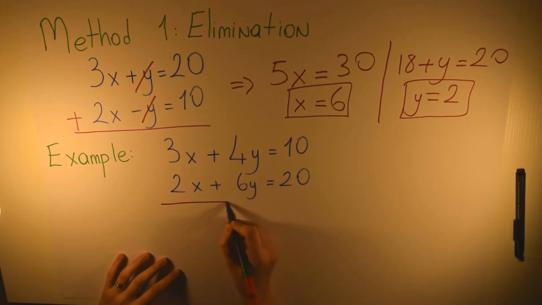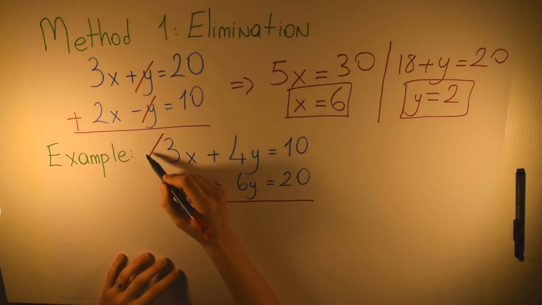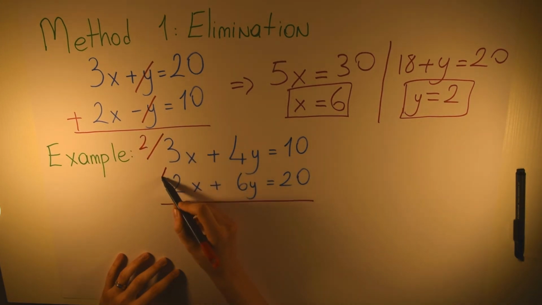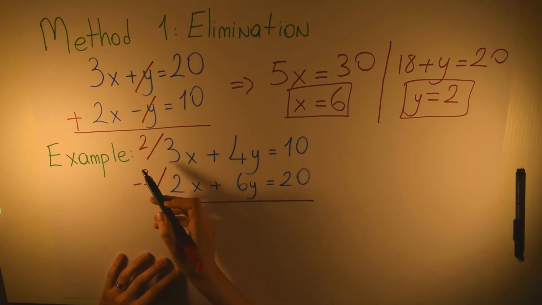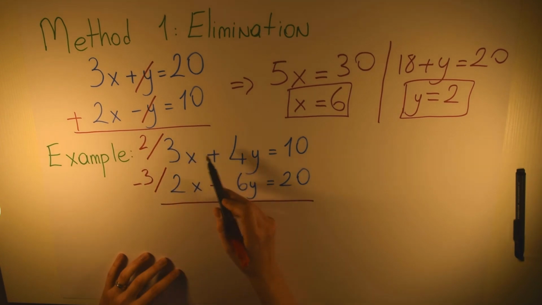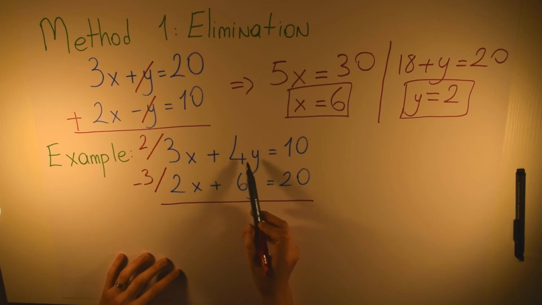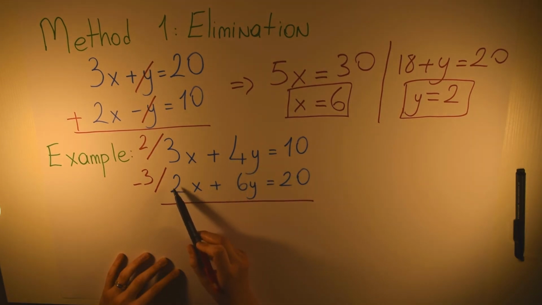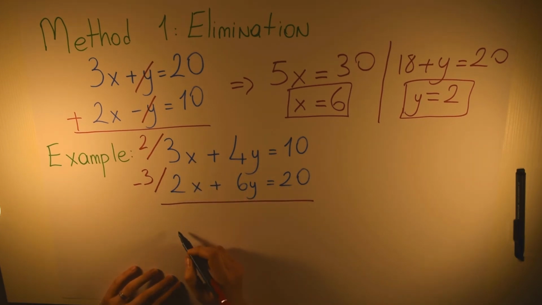So here, for example, if I multiply this equation by 2 and this one by minus 3, you can do this as long as you apply this multiplication to both sides of the equation. Don't forget that. So when I multiply this equation by 2, it's 6x plus 8y, and here we will get minus 6x minus 18y. So let's write them down here.